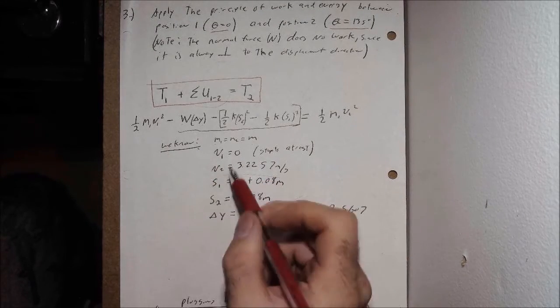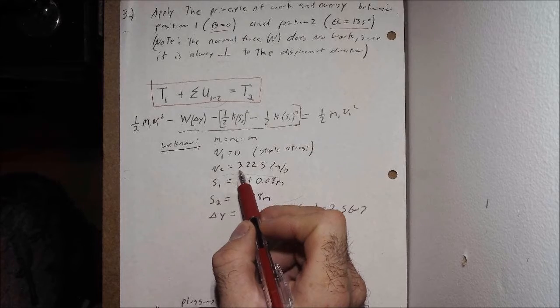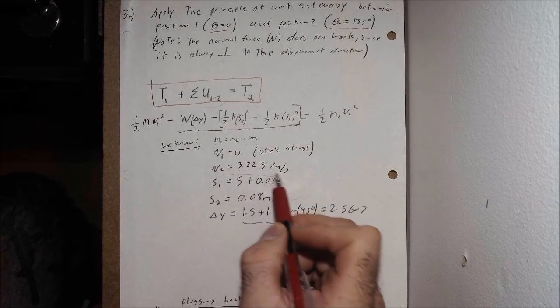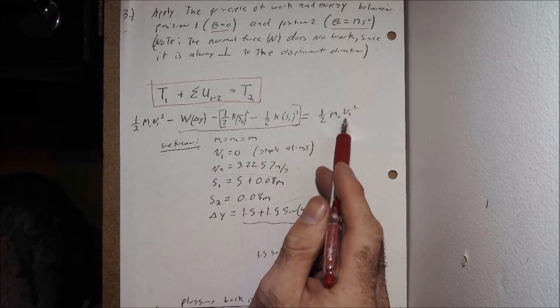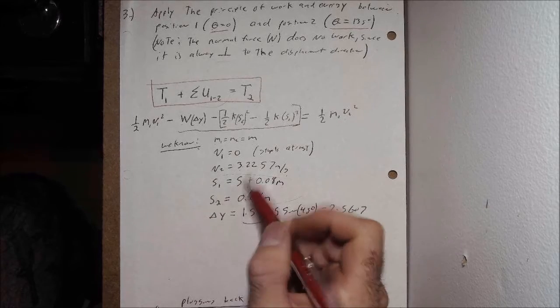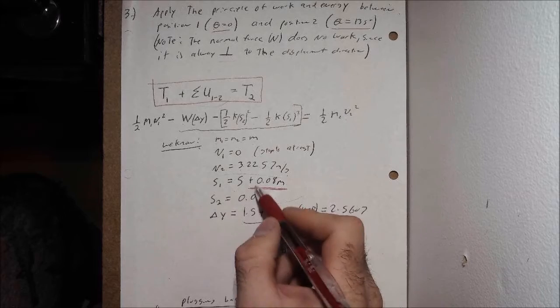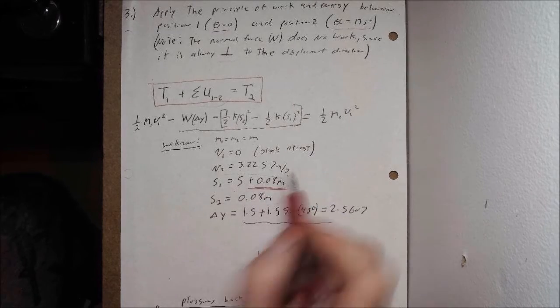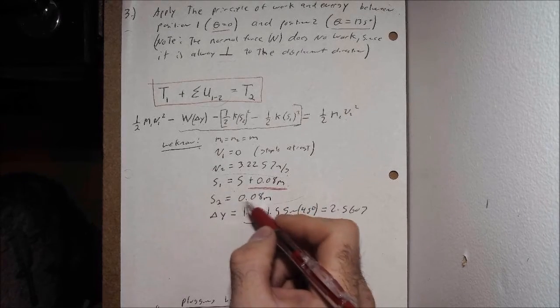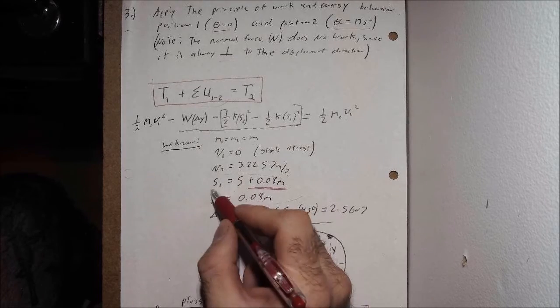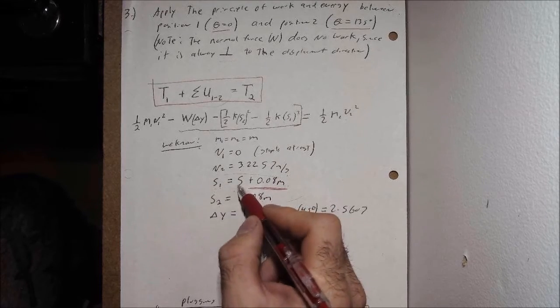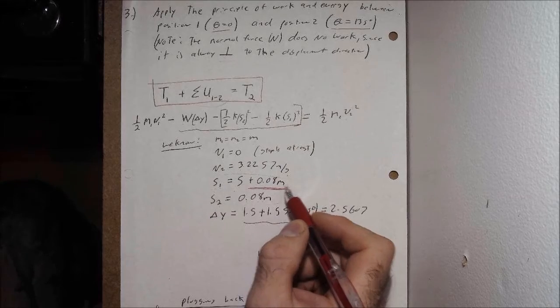Our v2 we solved for in the first part of the problem. We found that to be 3.2257 meters per second, so we have a value for v2. Now s1 is equal to s plus this length that they give us in the problem statement, or 0.08 meters. Our s2 is that 0.08 meters. So we've got to add that in when we're solving for our s1. It's s that we solve for plus our 0.08.